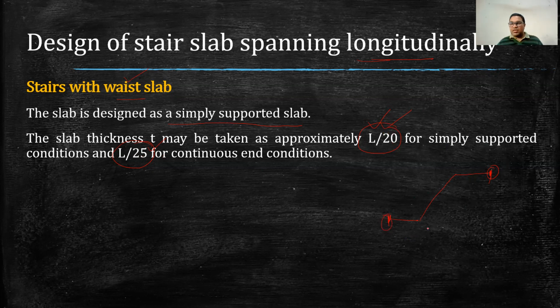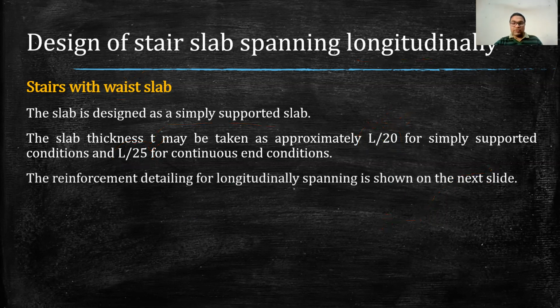Similarly, if the support is here and one support is here, in that case, we will take depth as L by 25, because you can see this is continuous to the landing. So this is how we can take the value of thickness. Now we will also see how reinforcement is provided in case of longitudinally spanning staircase.